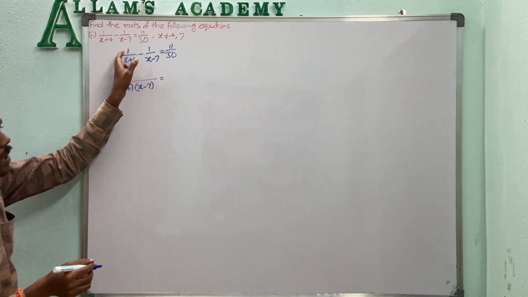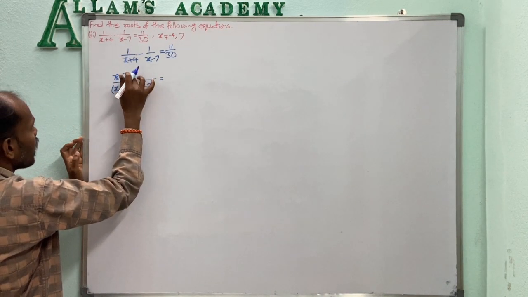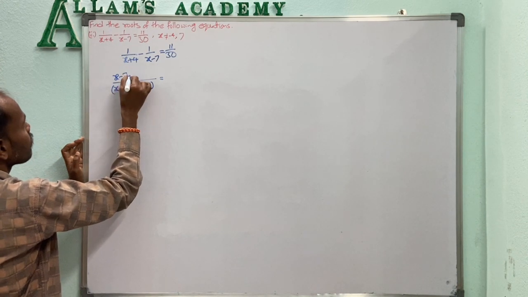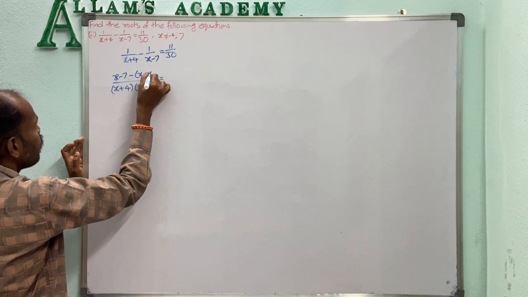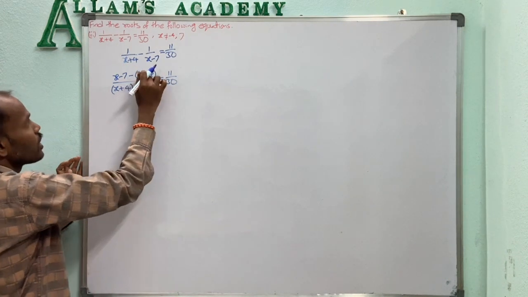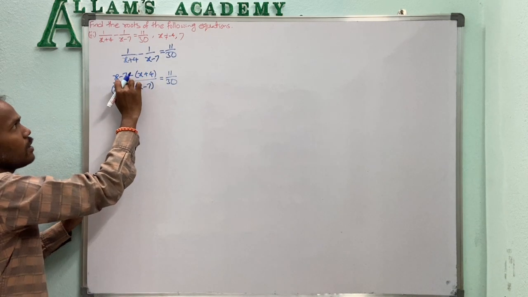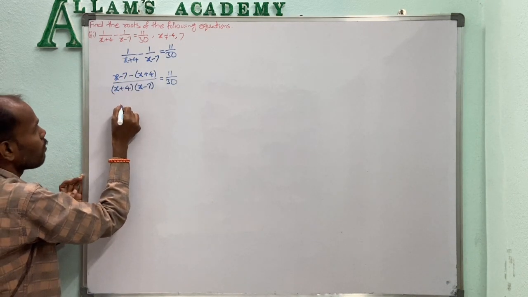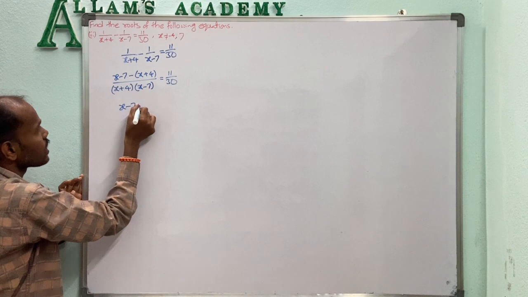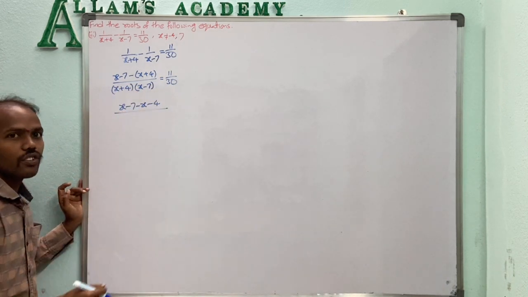Now here by the cross multiplication, x minus 7 minus x plus 4 equal to 11 by 30. So minus multiplication with x plus 4: minus into x is minus x, minus into plus 4 is minus 4. So x minus 7 minus x minus 4 by x plus 4 into x minus 7.